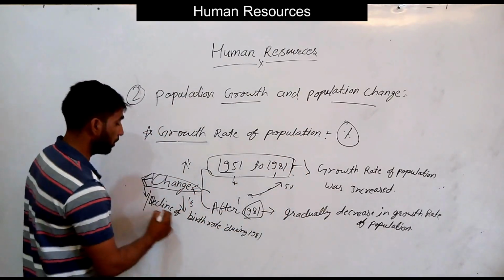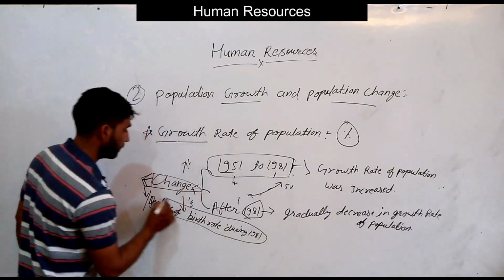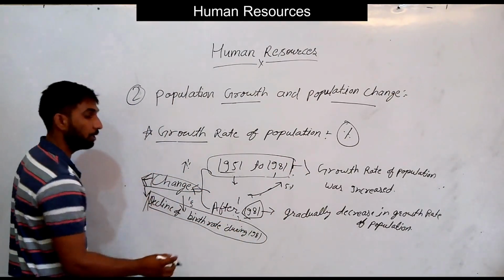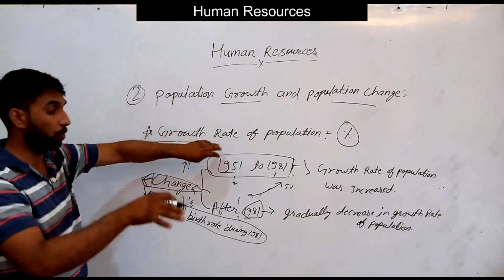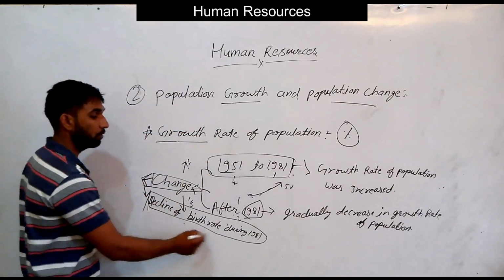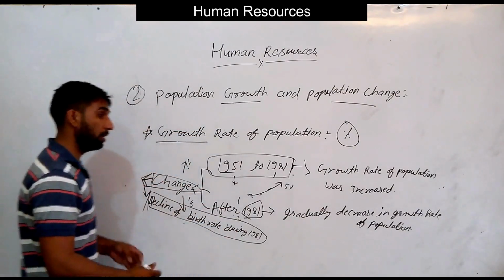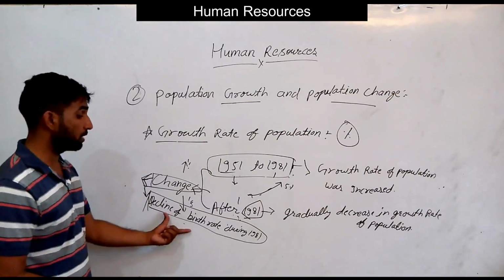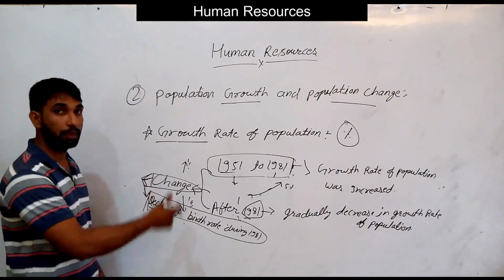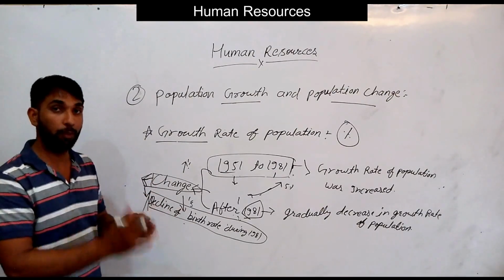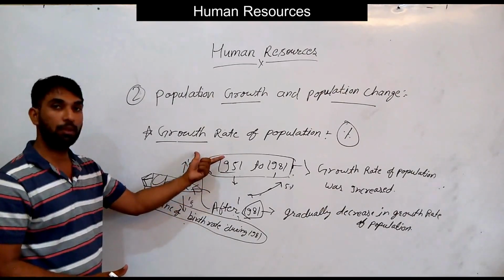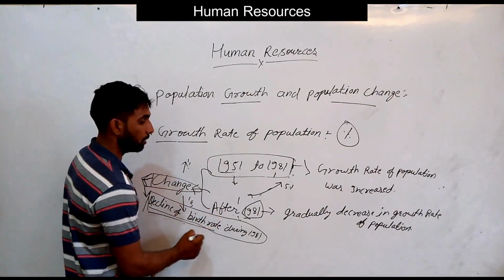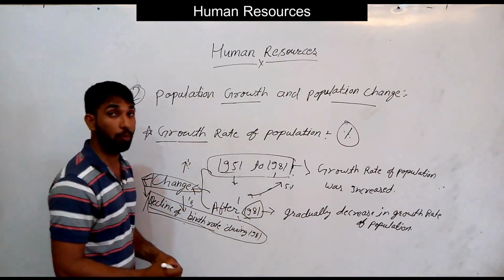It means the decline of birth rate at that point of time, which decreases the growth rate of the whole population. It means the birth rate was declined by government incentives or different programs, which indirectly affects the growth rate of population.